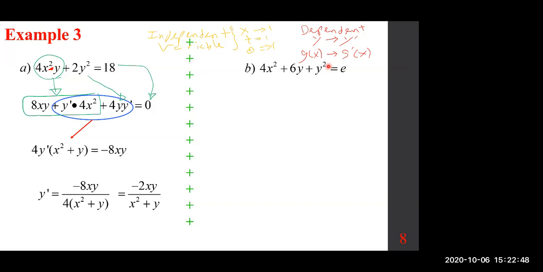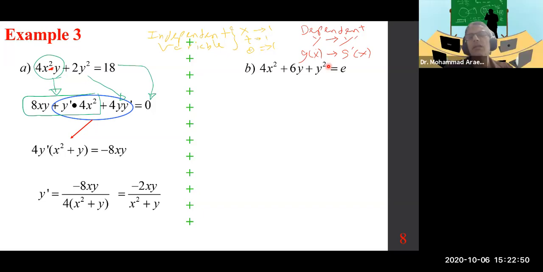E. 0, because e is a number. The right side is a number. The derivative of any constant is 0. We're done. We just got to solve for y prime, which means you move the 8x, you factor out the y prime here. Okay.